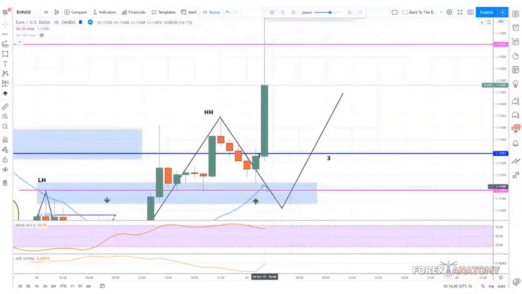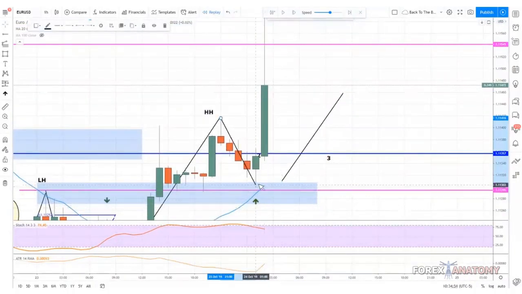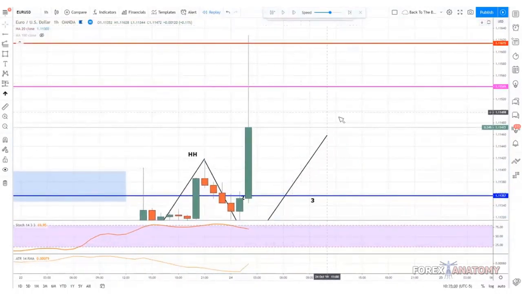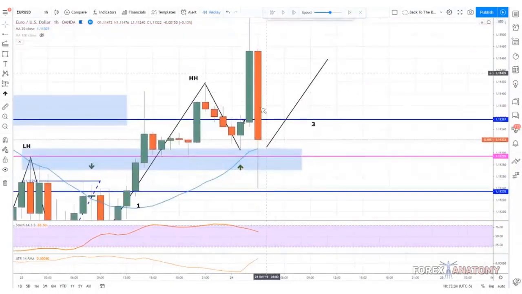So now that we have this, price created this higher low, and we saw price explode to the upside. Now we're still going to be in buy mode. Now we're still looking for a buying opportunity. But we did get the strong pullback. The fact that we saw the strong pullback has me a little bit concerned now.